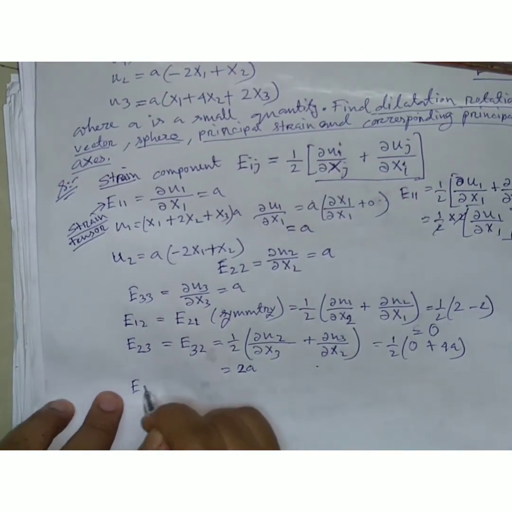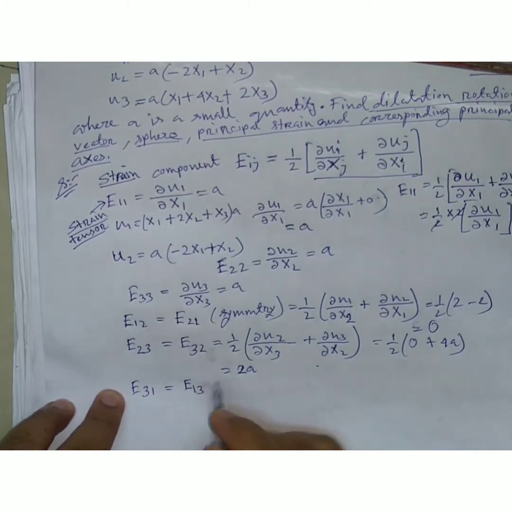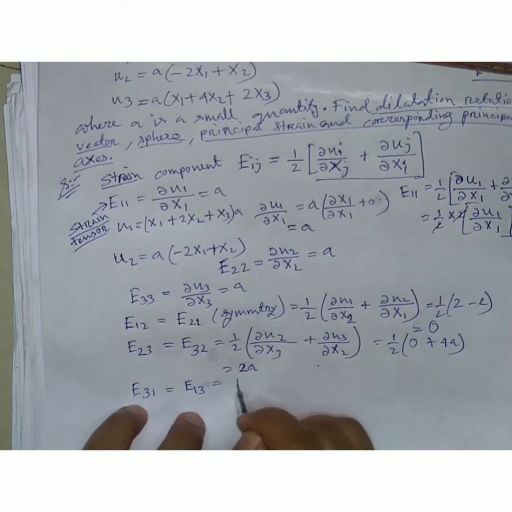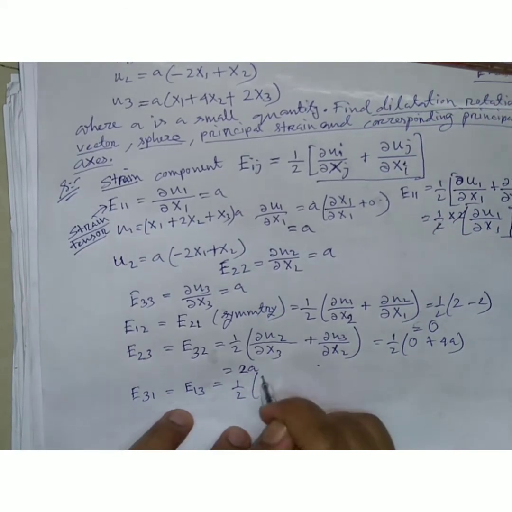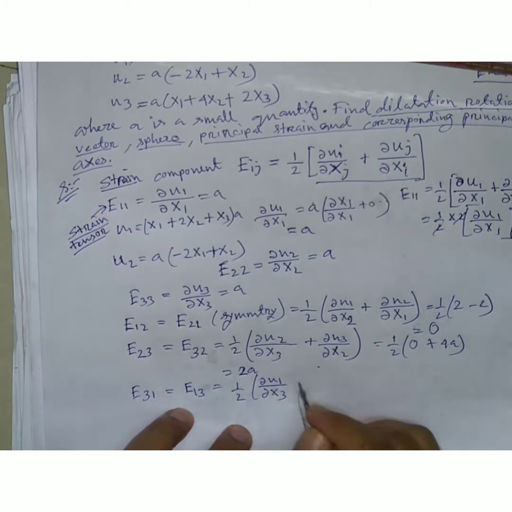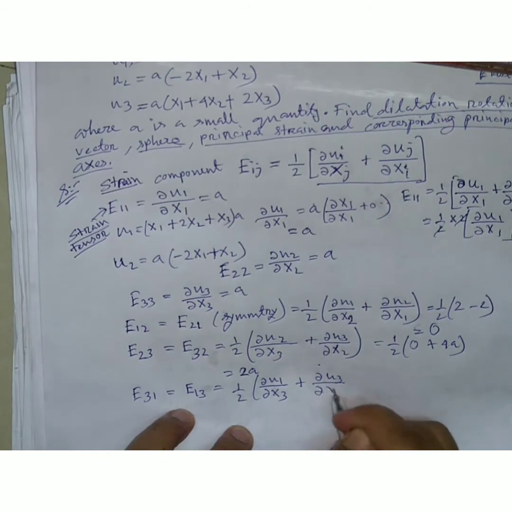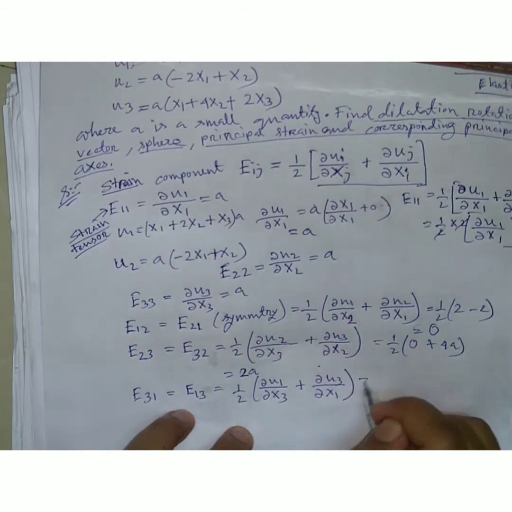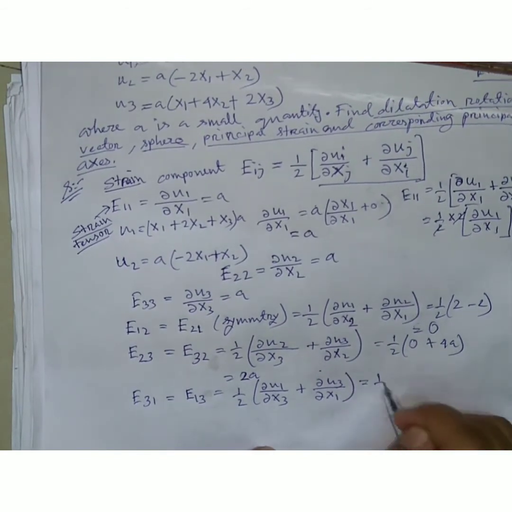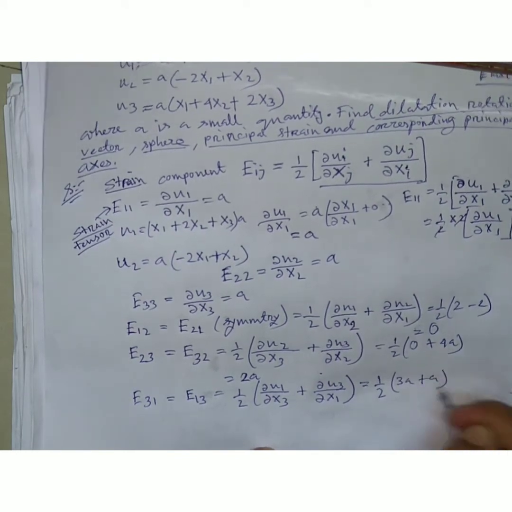And E31 is equal to E13. This is symmetric. Half into del u1 divided by del x3 plus del u3 divided by del x1 is equal to half into 3a plus a, which is equal to 2a.